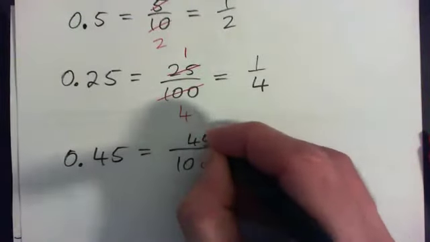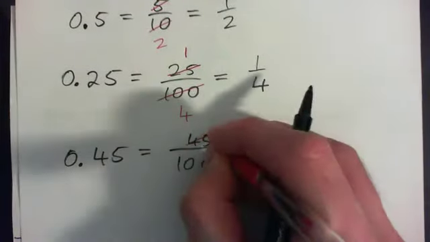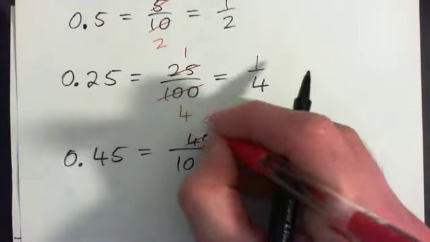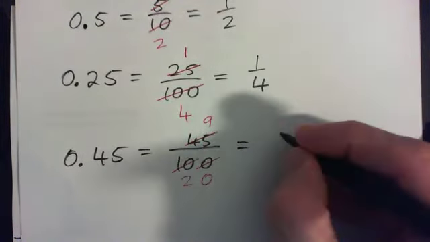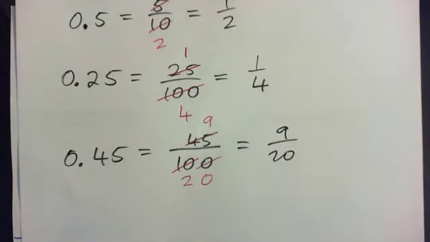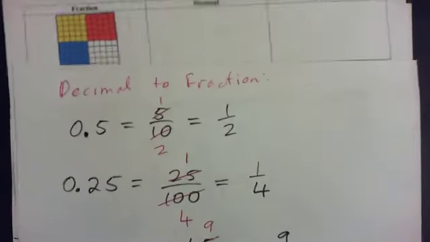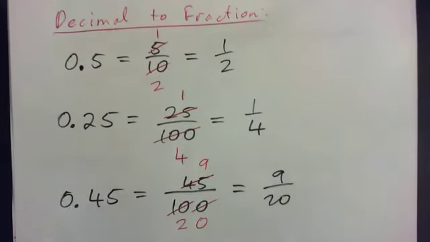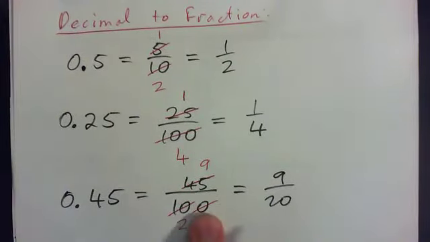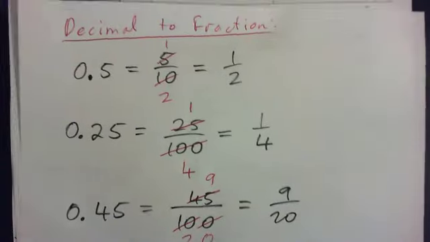So 45 over 100. 5 into 45 goes 9 times. 5 into 100 goes 20 times. 9 over 20, right? So this is converting decimal to fraction. That's how we do it. You have to write it as a fraction and then put it in lowest terms.